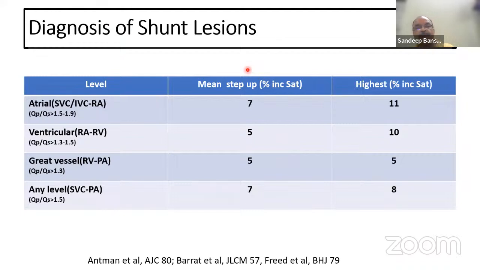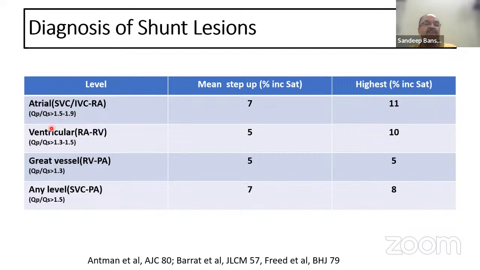We also need to know, this may be a little premature at this time, but it is an important point, that the diagnosis of shunt lesions is made on the basis of increase in the oxygen saturation, or step up at the level of oxygen saturation. And the significance of a shunt is determined by the Qp/Qs ratio, or the increase in the pulmonary blood flow as compared to the systemic blood flow.